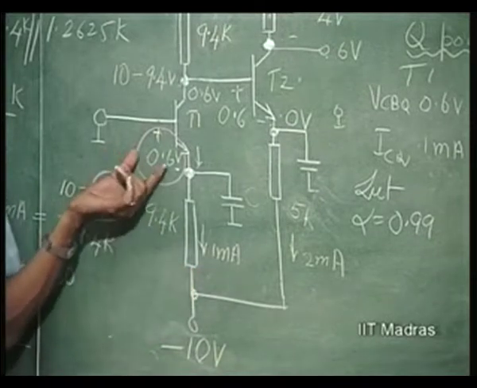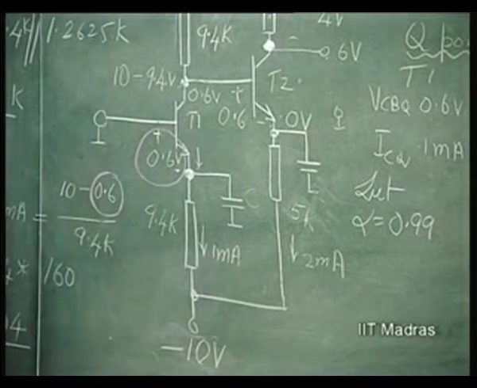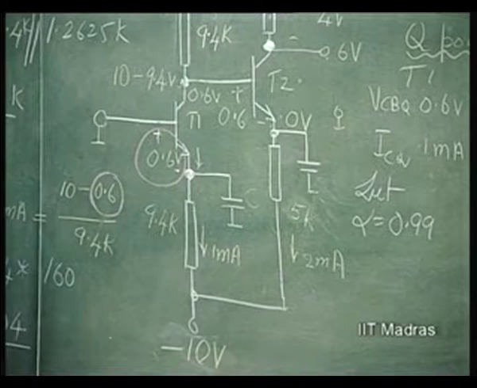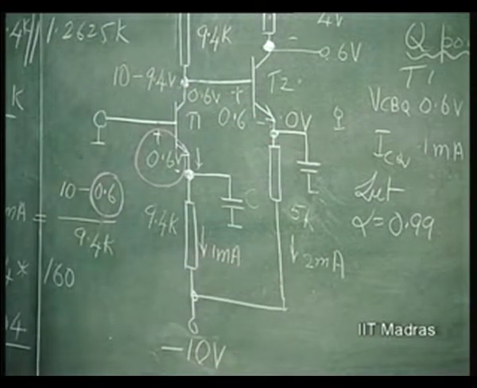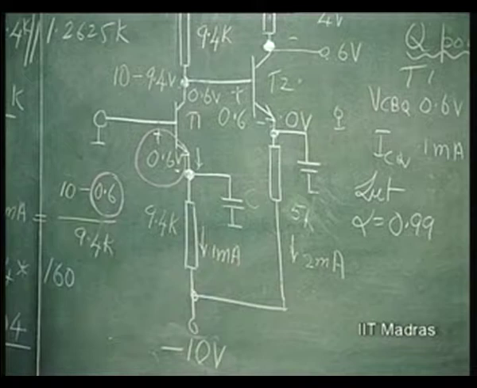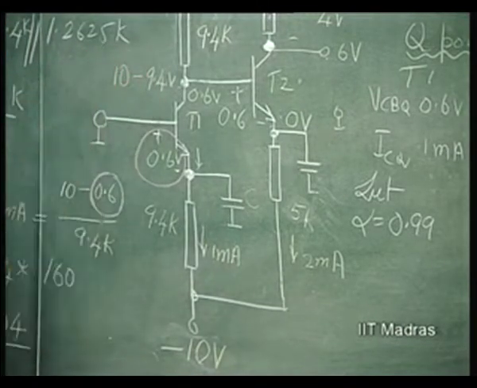Then if there is a 1 degree centigrade rise in temperature, this signal will just keep jumping by about 7 volts. That means it will make the transistor go to cutoff or saturation, and it will start limiting. Just that temperature variation.